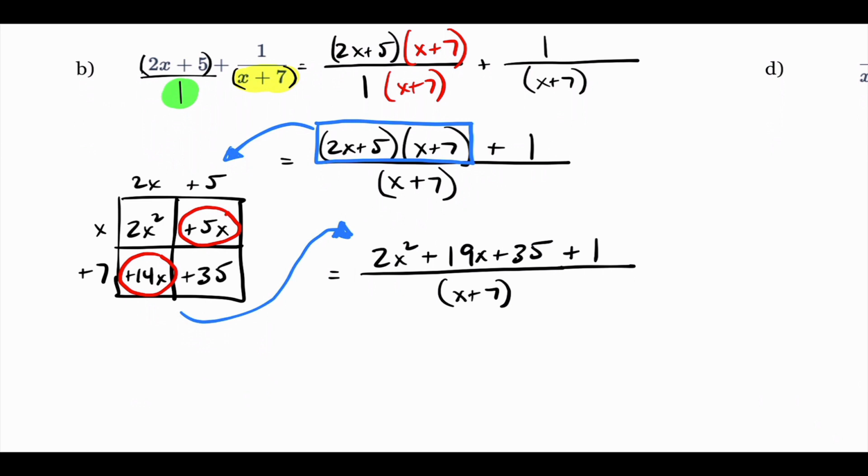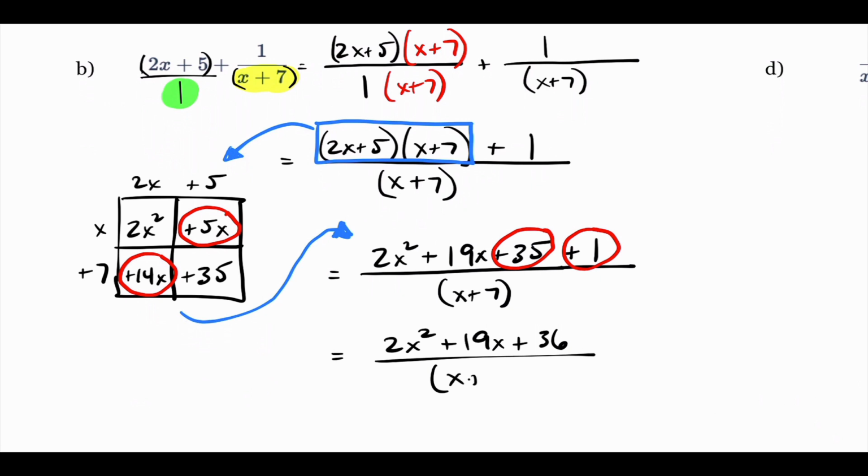Combine any like terms, simplify the top if you can. These guys are like terms. 2x squared plus 19x plus 36. You are done.